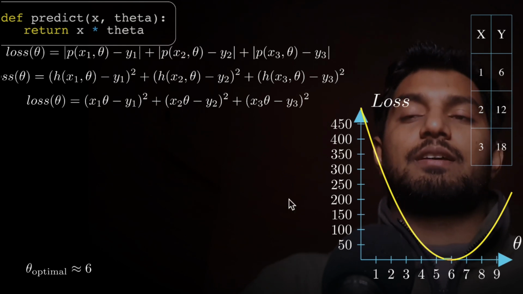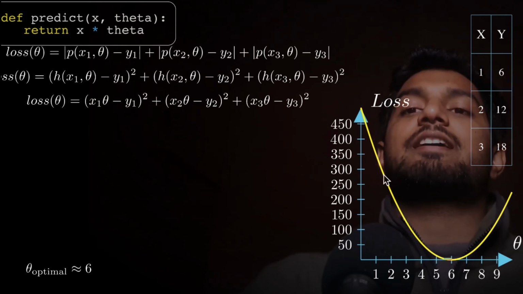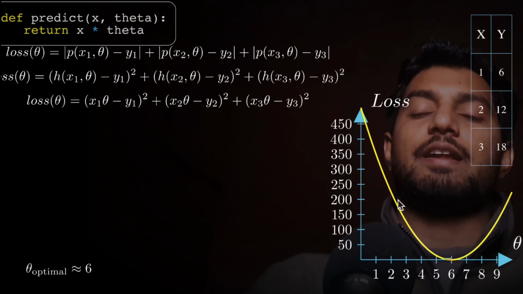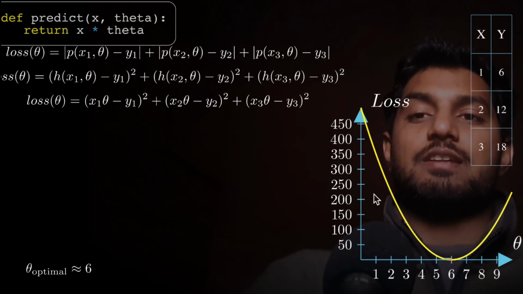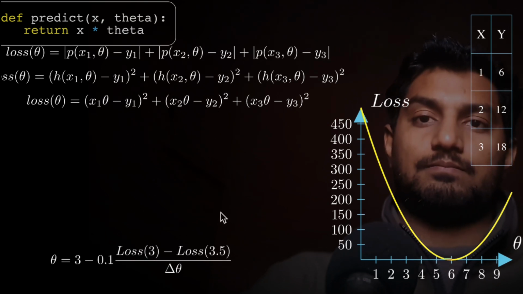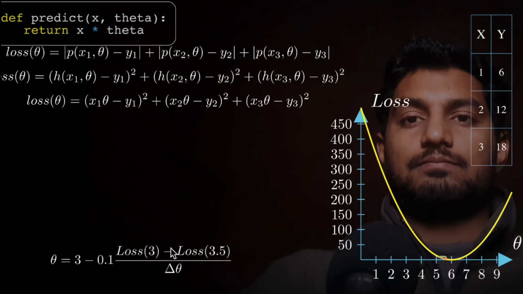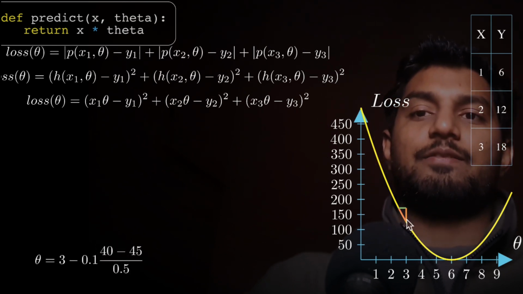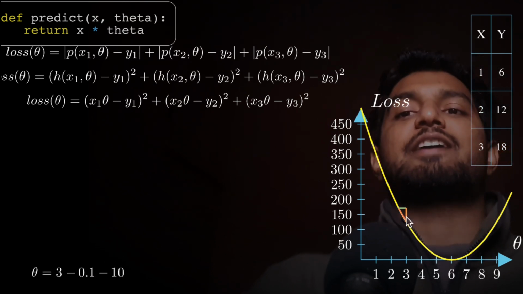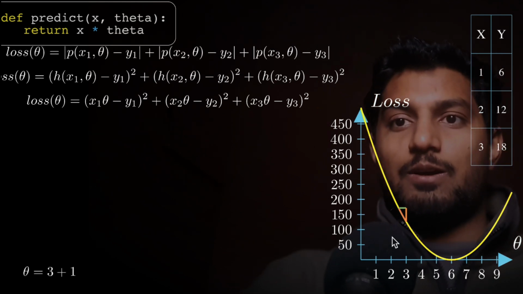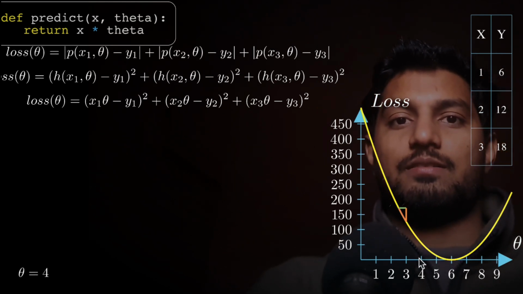And the same thing we can do. Let's say instead of starting with 9, I started with some value over here, maybe when theta was 3, you can see at this point, right? And then our goal is to go toward this direction. So how can we do that? If I do it again, I'll find the difference over there, the finite difference, rise over run, multiply it, it becomes 3 minus 2, I'll somehow come to 4, right?